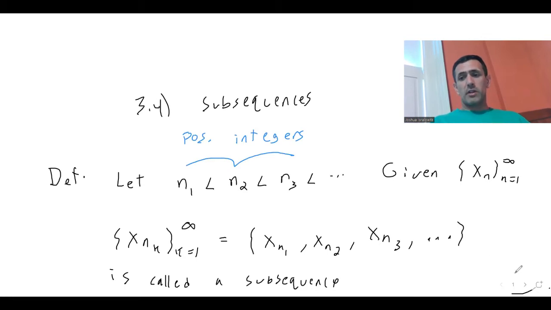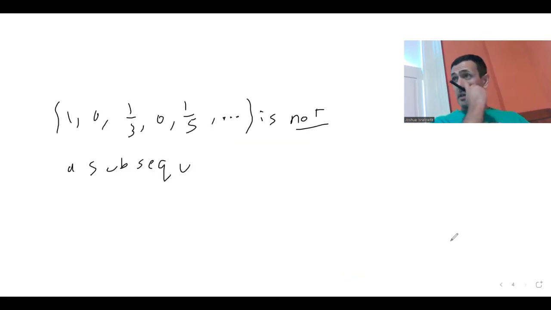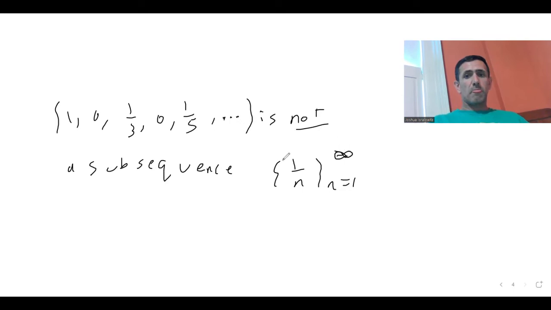But you basically should think intuitively that a subsequence is like a subset of my original sequence. So this is not a subsequence of this sequence here. There's no 0 in the sequence here, so you can't write 0 as 1 over n for any n.